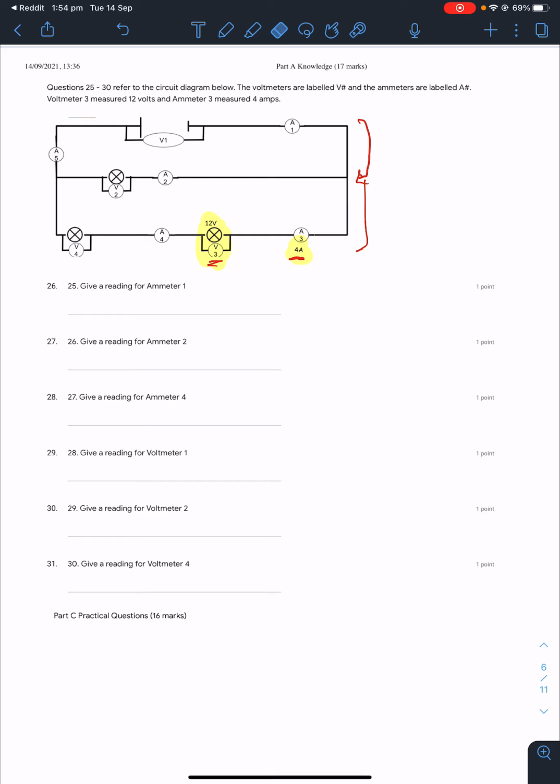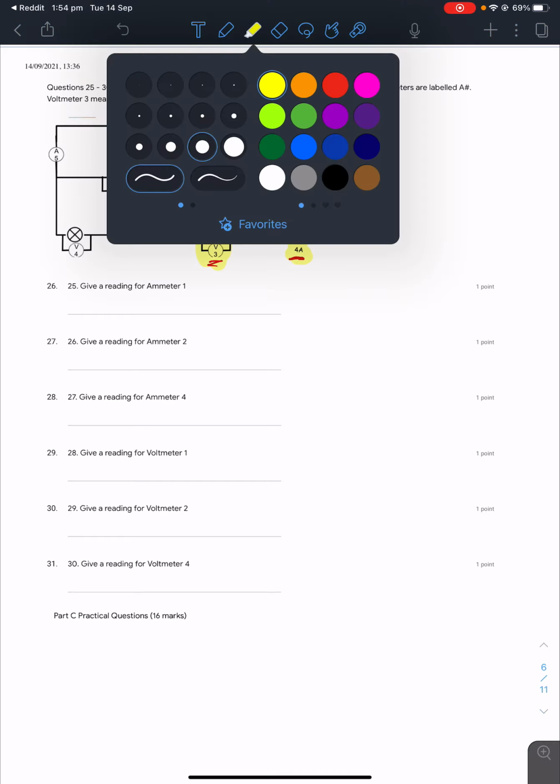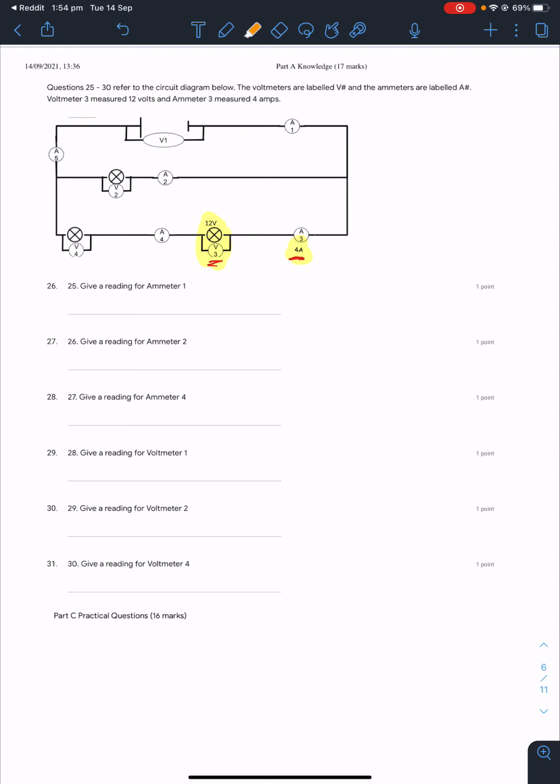Should I highlight them in different colors? That might work well. Oh, I can get different highlights. All right, so we've got this path here. This is one circuit. And we've also got, let's do it in green, this path here.